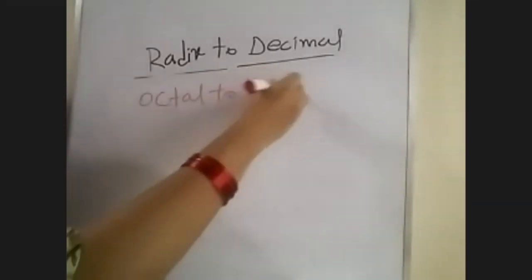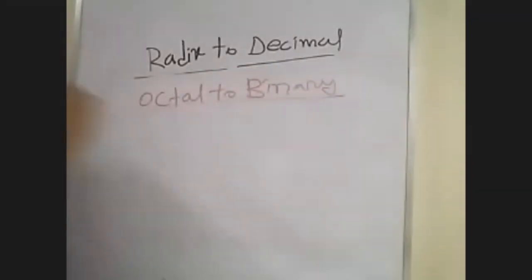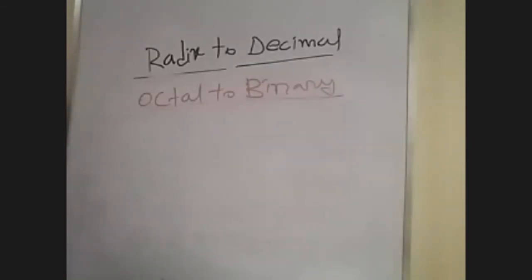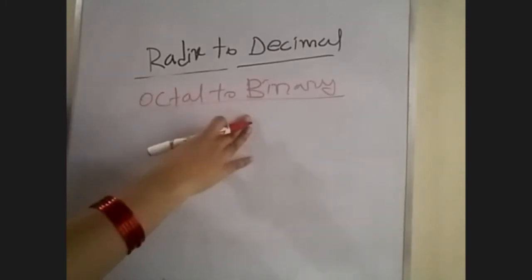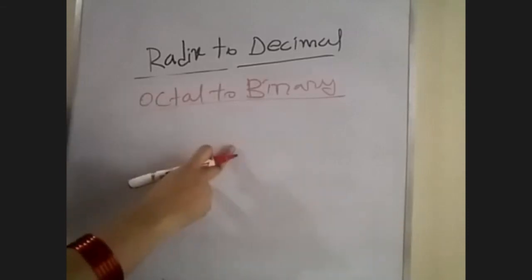The next one is octal to binary conversion. In this octal to binary conversion, each digit of the octal number is individually converted to its binary equivalent.